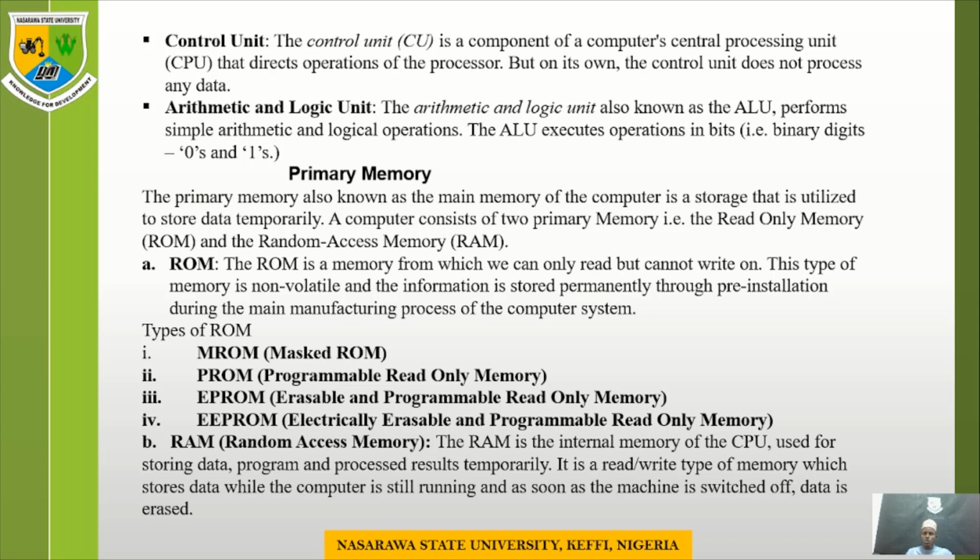On its own, the control unit does not process any data. What we are saying here is that it controls the operation of the processor. The processor is assigned when a task is to be performed in the computer; when it finishes a task, the next task comes and the processor takes it. This operation of the processor is directed by the control unit, and it also controls the inflow and outflow of data.